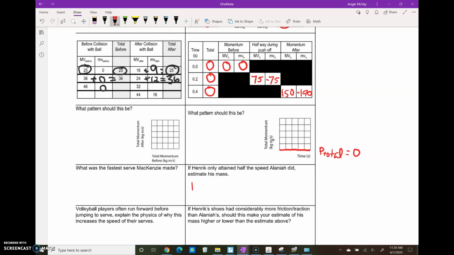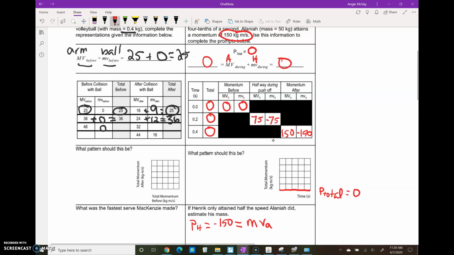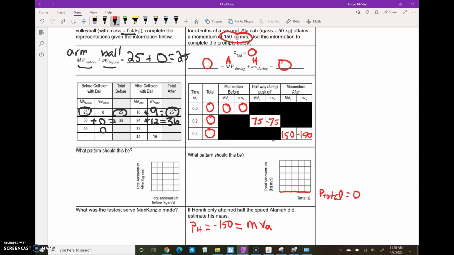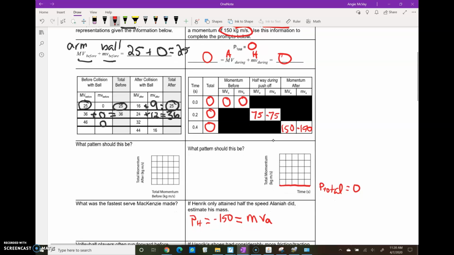So the momentum of Henrik is negative 150. And that is equal to his mass times his final velocity, or velocity after. So we know his momentum afterwards. We know that Alanya has a mass of 50 kilograms.